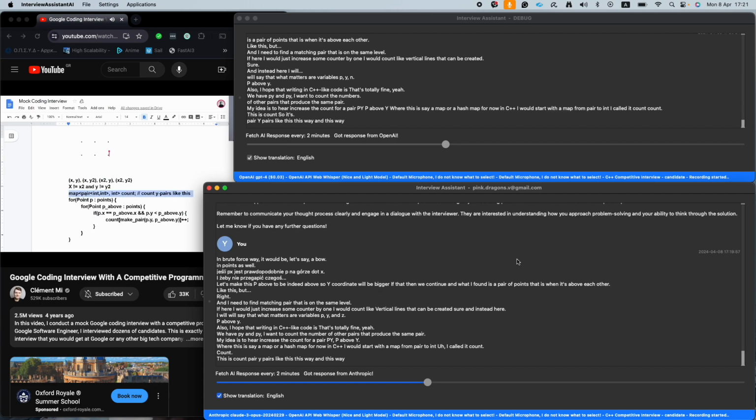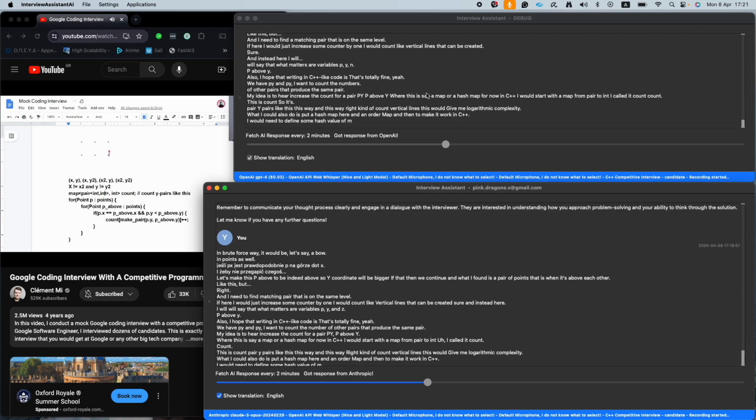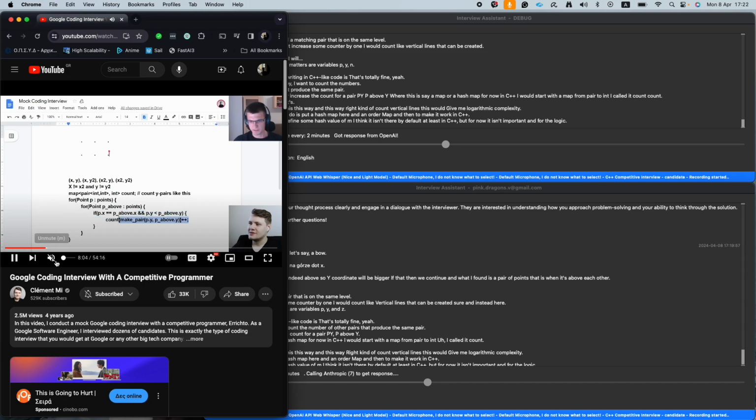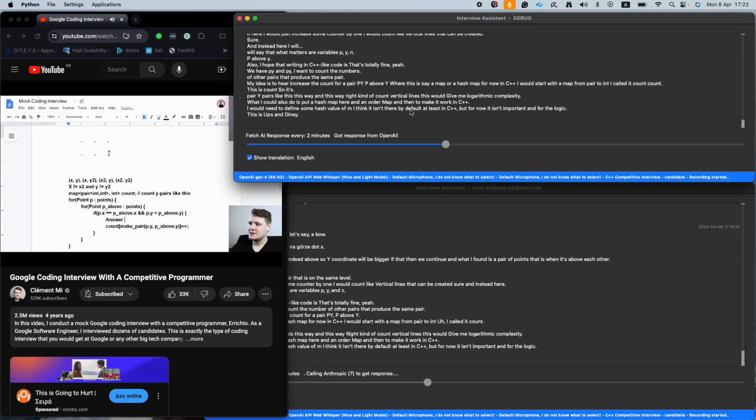This would give me logarithm in complexity. What I could also do is put a hash map here instead of an ordered map, and then to make it work in C++, I would need to define some hash value of a pair. I think it isn't there by default, at least in C++. But for now, it isn't important for the logic. Count that, and maybe just before, I would say answer plus equal count of same.